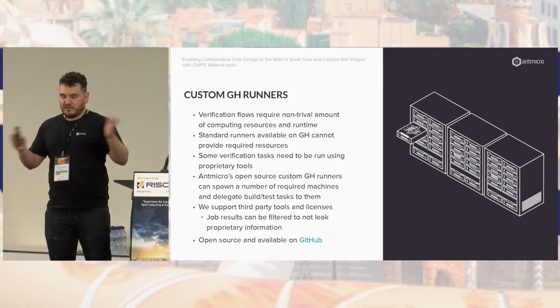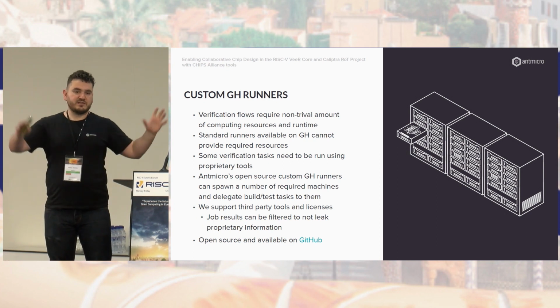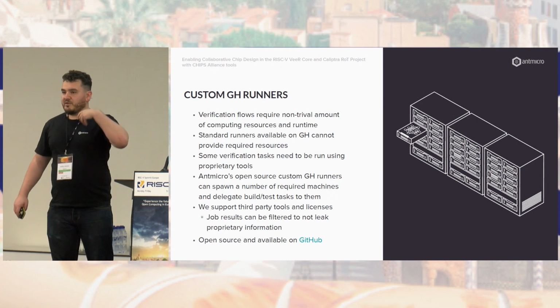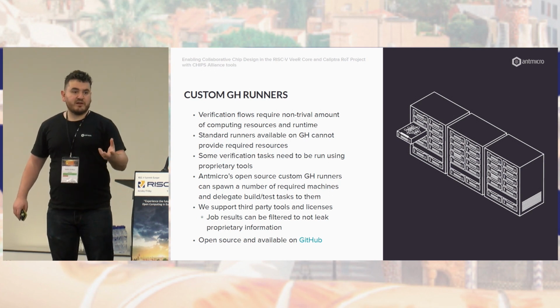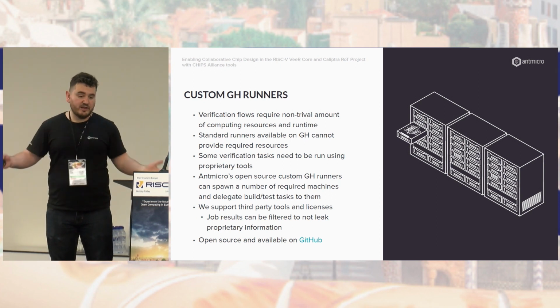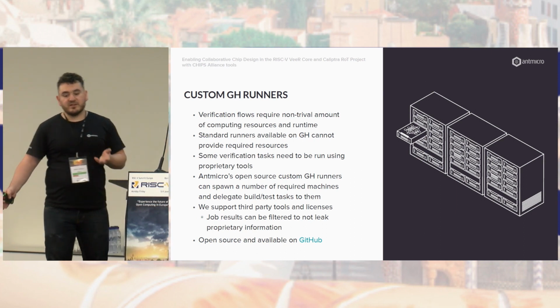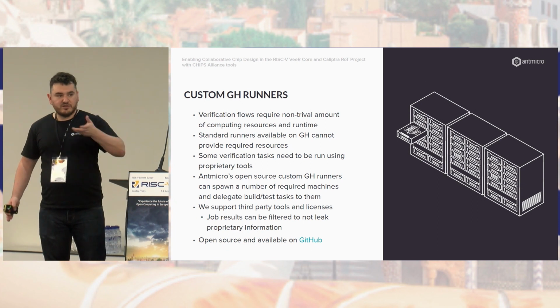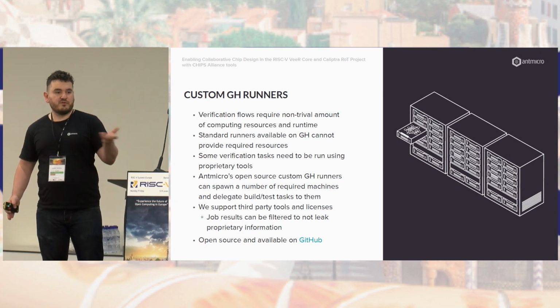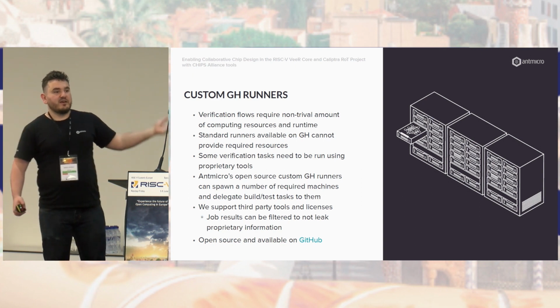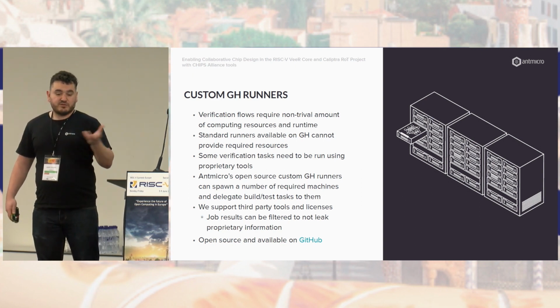So basically, if you contribute something to the repository, the system can spawn a bunch of machines somewhere in GCP, even provide them with licenses for proprietary tools, run those proprietary tools, or run open source tools, but at scale, and give you the results. And you can even filter out some proprietary information and just provide the end result, like yes, no, passed, failed, to the end user. So this is really useful in those cases.